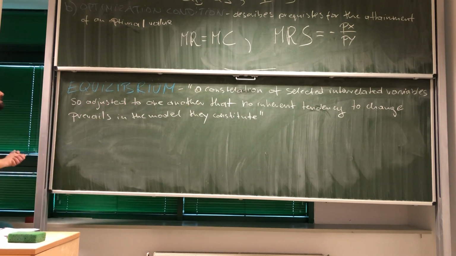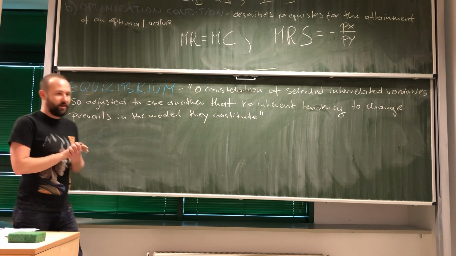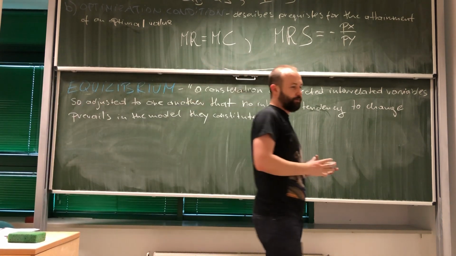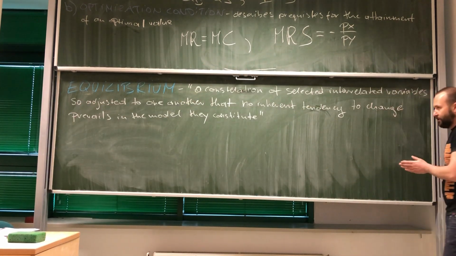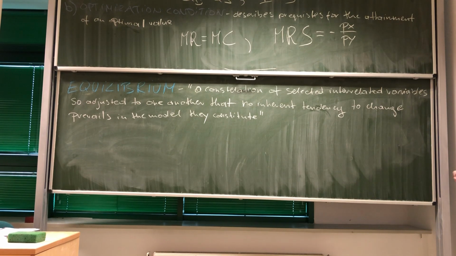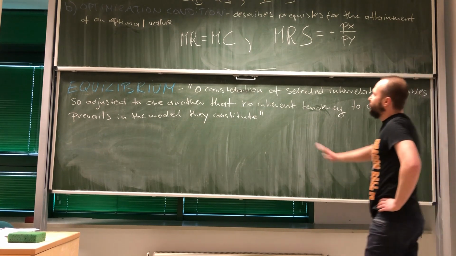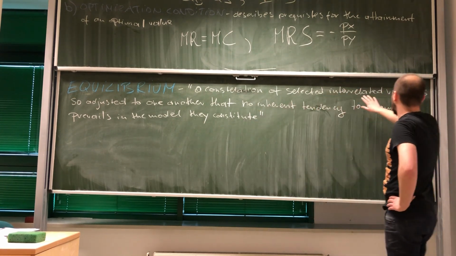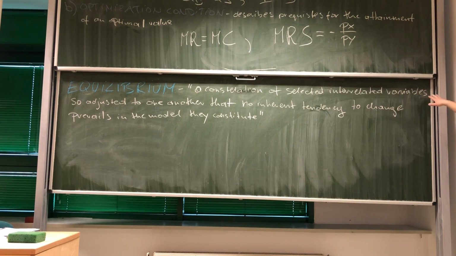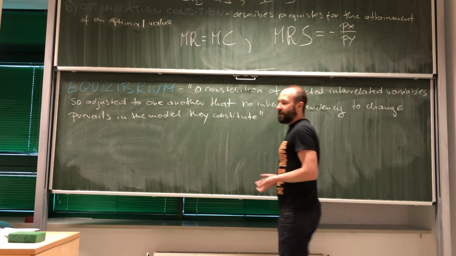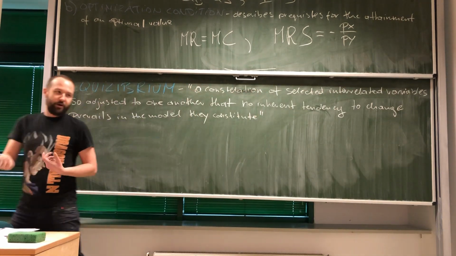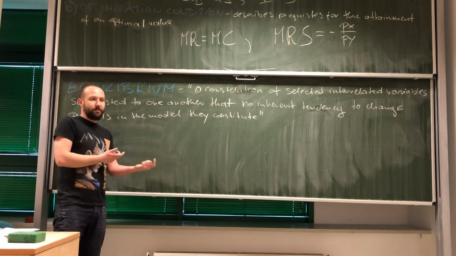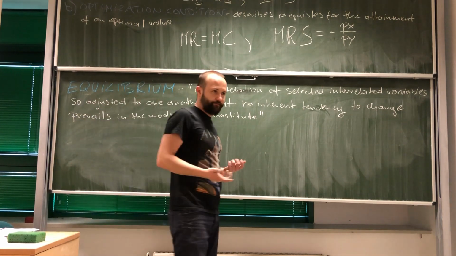Well, okay, look, this is a very nice definition of equilibrium. Actually, equilibrium in an economic model. So this is perfect for us. But let's see what we've got here. Well, we've got some constellation of selected interrelated variables. Let's start with this. It means that we've got a model in which we've got different variables, and those variables have impact on each other.